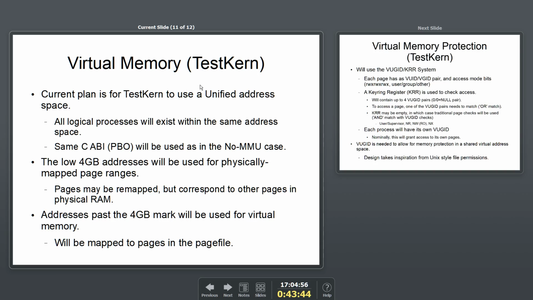How the virtual memory will be handled in Testkern for now. Current plan is to basically use a single unified address space. So rather than most other operating systems, which will give each process its own little virtual address space, it'll just use a giant unified one.